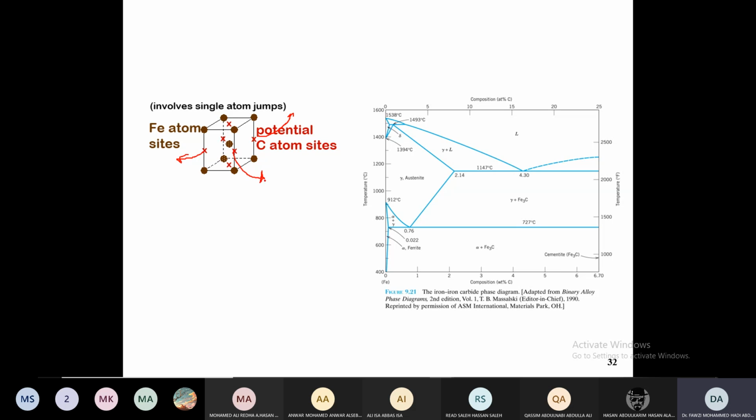Once you allow that, these carbon atoms in the steel are going to go and form the cementite phase, because there will be high carbon content. They gather together, the carbon atoms, and they form the cementite phase. This is why you need to understand, and we explained that before, that the martensite is a metastable phase.